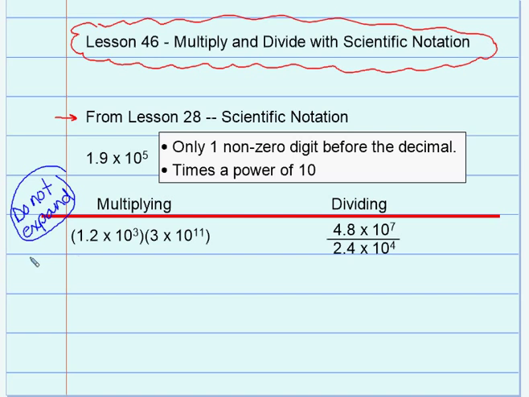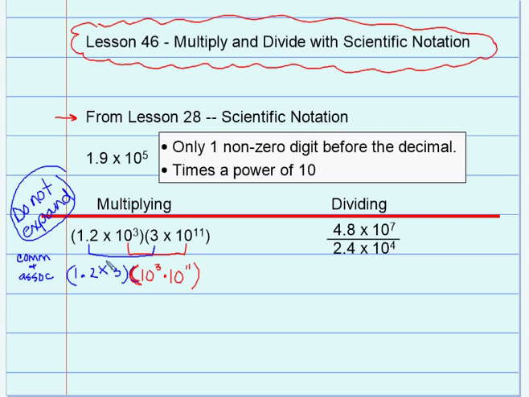We are going to use the commutative and associative properties to rewrite this. So we are going to pair up the number part. We're going to write that as 1.2 times 3, and that's going to be times 10 to the 3rd times 10 to the 11th.